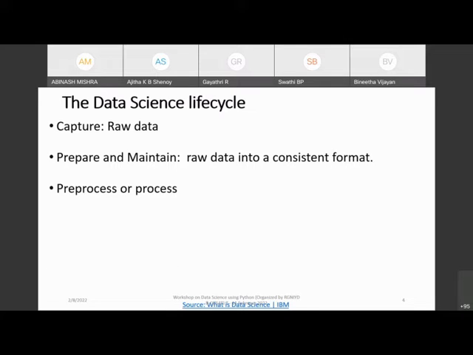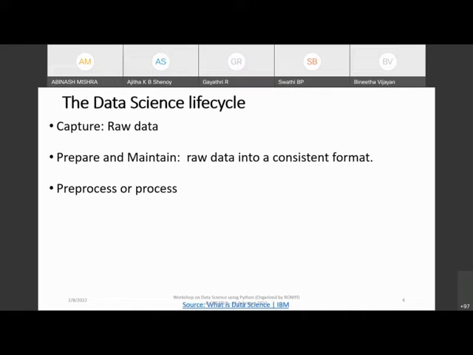Third is pre-process or process. In this, you are going to do data cleansing. You are going to pre-process the data with the different pre-processing techniques available. If there is some missing data, you are going to use a suitable technique for coming up with values for that particular missing data.